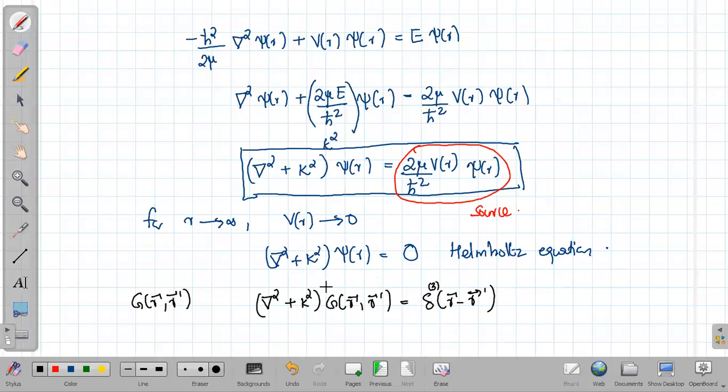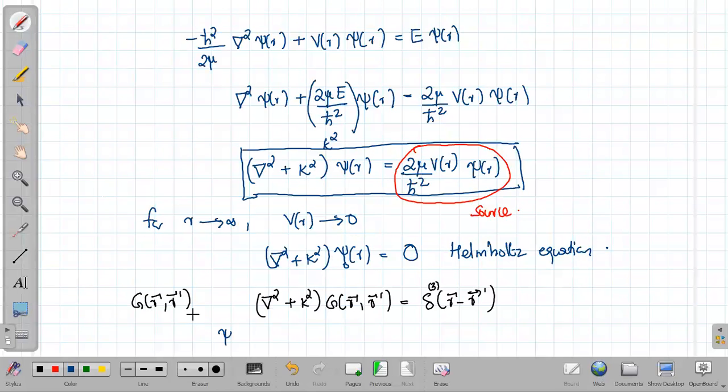Now here, if you look at this Helmholtz equation, the solution for the homogeneous equation, I will just put psi 0 of r for the time being. Then the entire solution for the original equation can be written in another way.